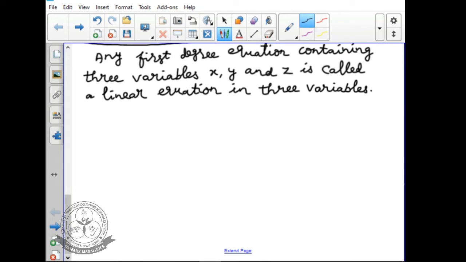Okay, the same thing. The first one we saw had two variables, x, y only. The second definition has three variables, x, y and z. So this is called a linear equation in three variables.